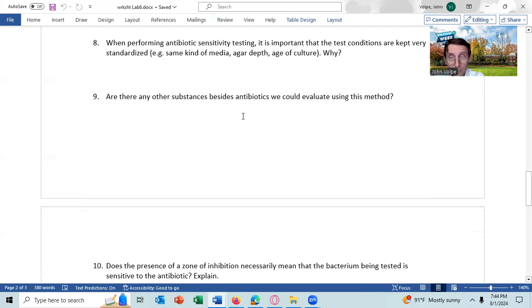For example, if you thought hair tonic would cause zones of inhibition around the hair tonic, I'm just saying something off the top of my head. Don't ask me why I thought of hair tonic there.